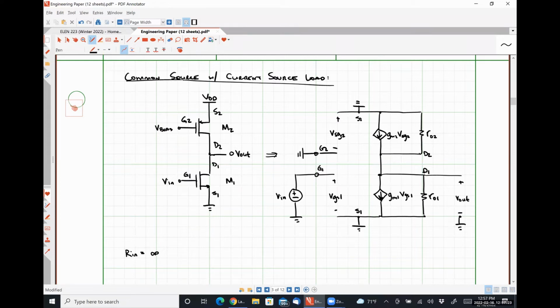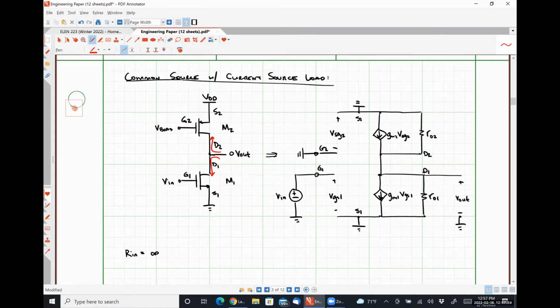Right? So how we're going to approach this is effectively, we're going to have some resistance that we see looking down and some resistance we see looking up. And those 2 resistances are connected in parallel because they both represent a resistance seen from this node with respect to ground in both cases, right?